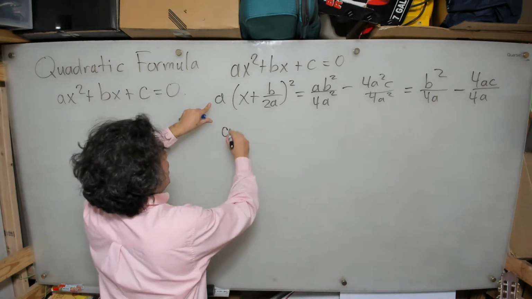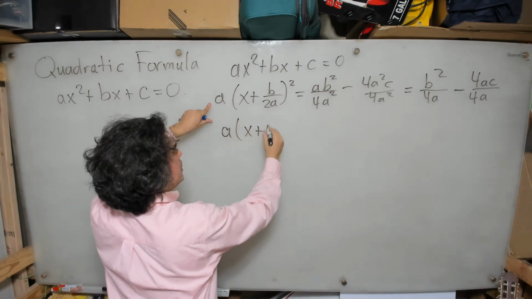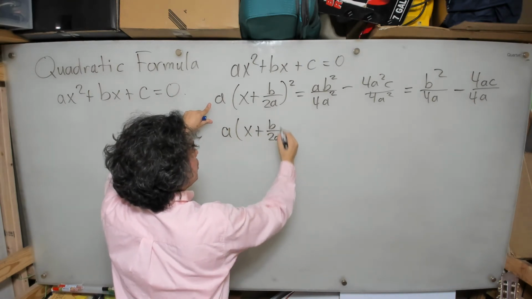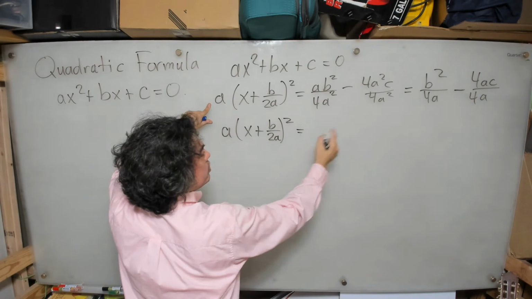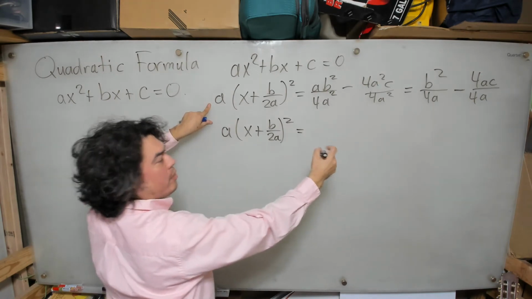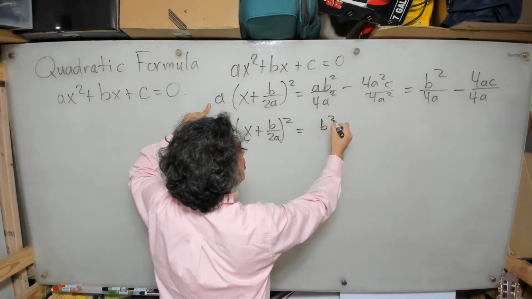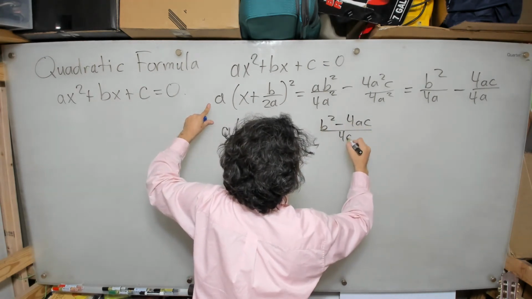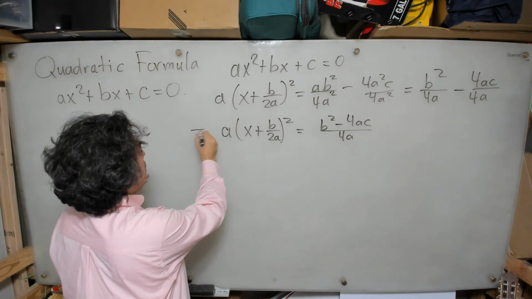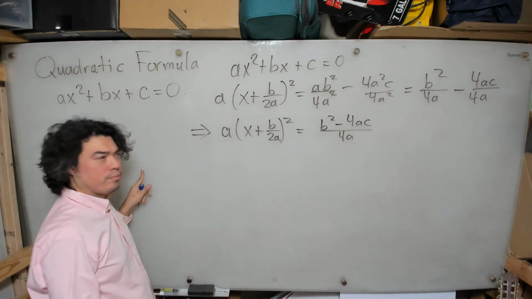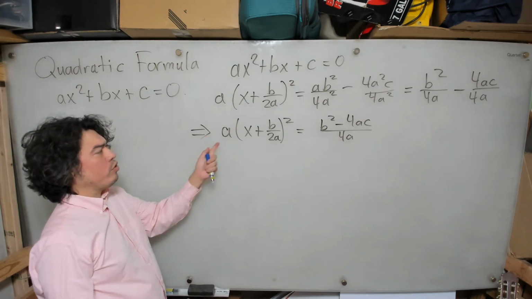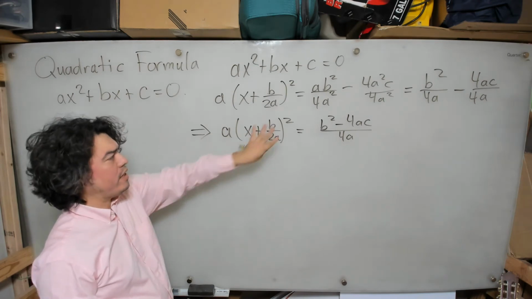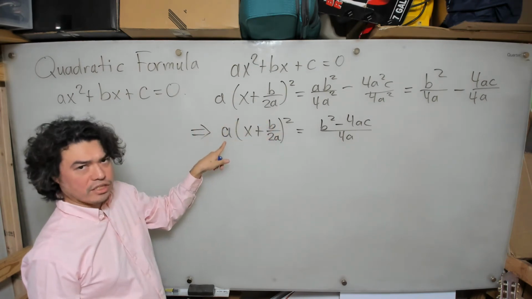So now here I have a x plus b over 2a squared equals they're on the same denominator. So I can write them as b squared minus 4ac all over 4a. Okay, this is the direct implication. Now I'm going to divide both sides by a. When I divide the left hand side by a, it's gone.